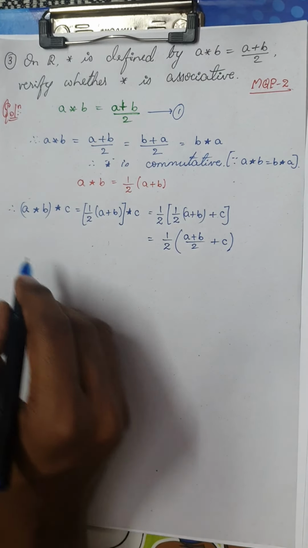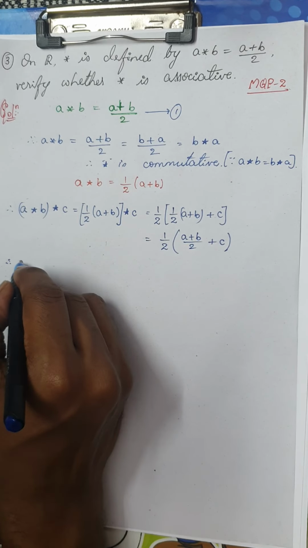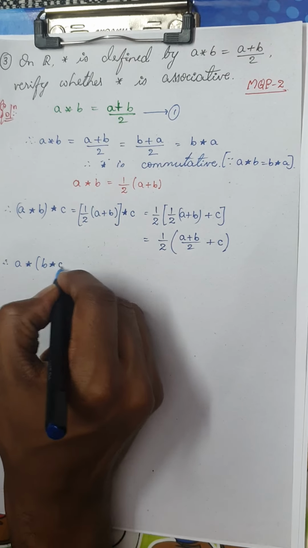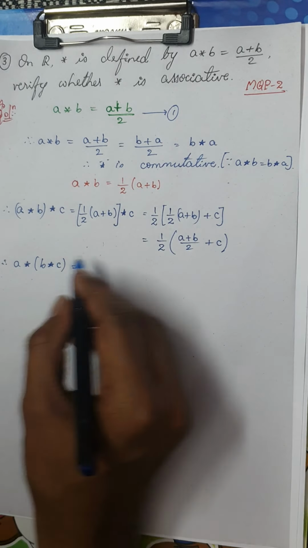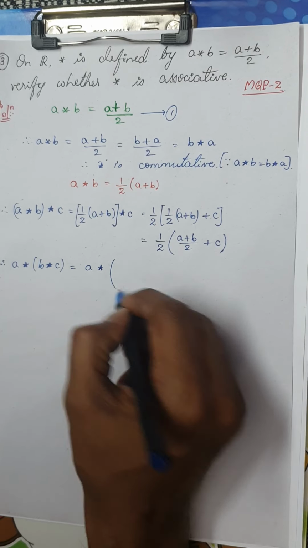Now similarly let us check the other one, which is A star of B star C. So here A is the first single element, I'll write it as it is. So what is B star C?